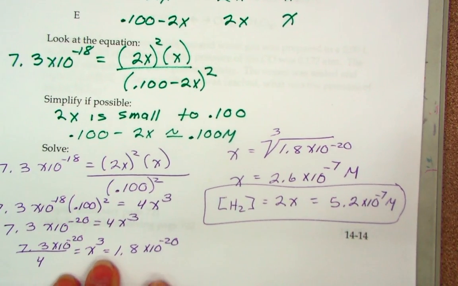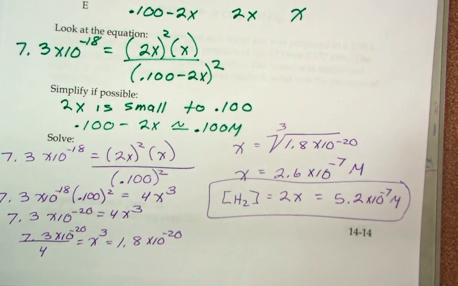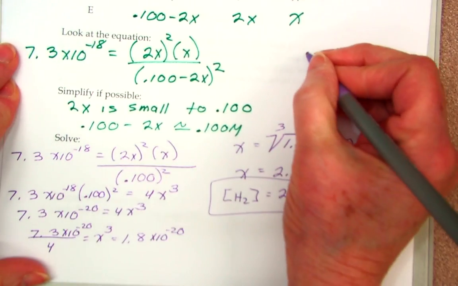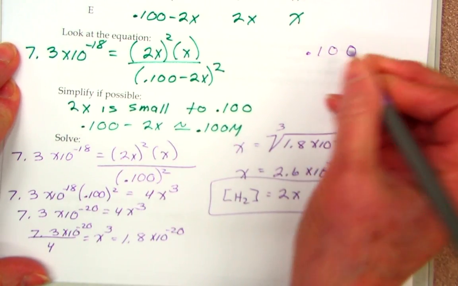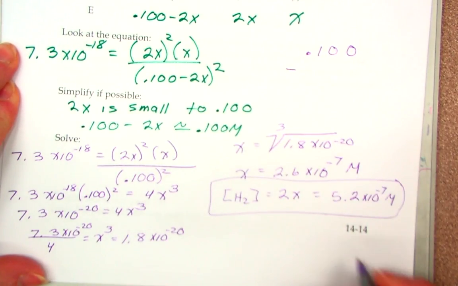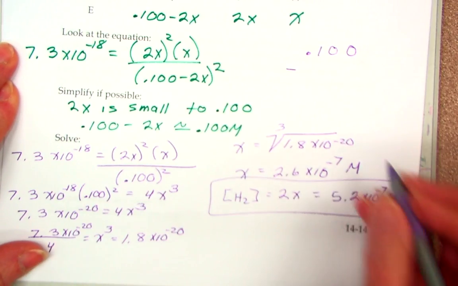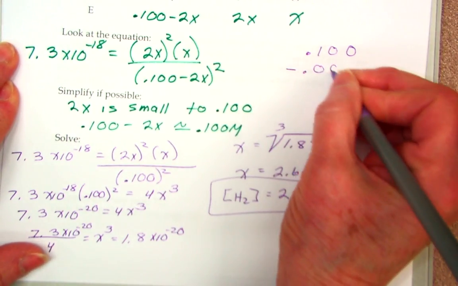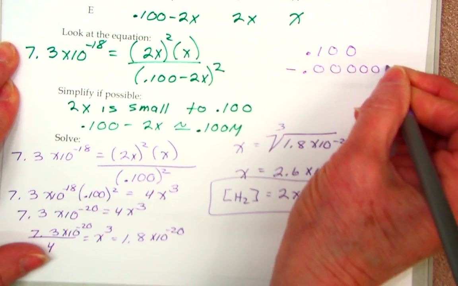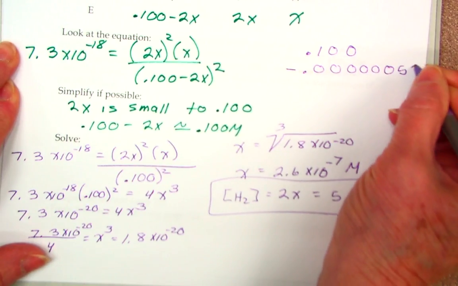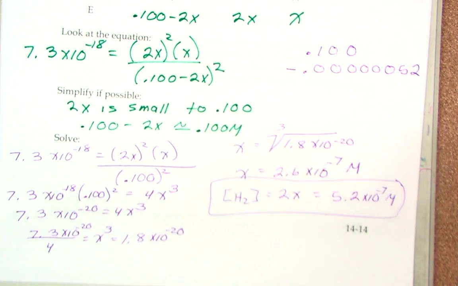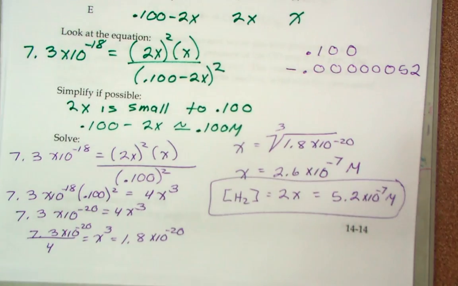My starting concentration was 0.100 molar. If I subtract from that 2x, 5.2 times 10 to the negative 7th, is that going to be insignificant when I subtract? Absolutely. So it was a good assumption, and it saved us a lot of aggravation mathematically.